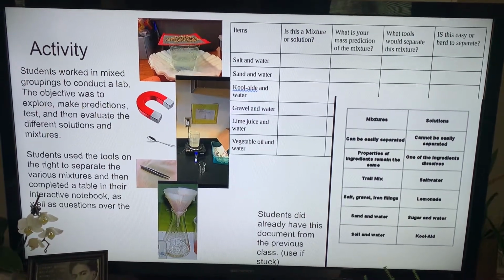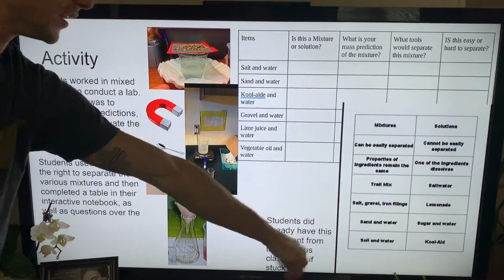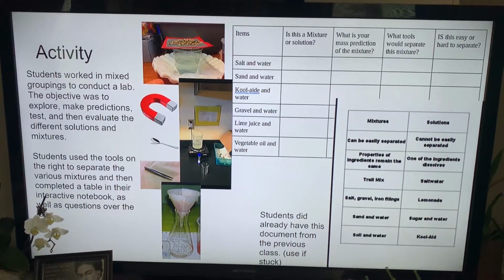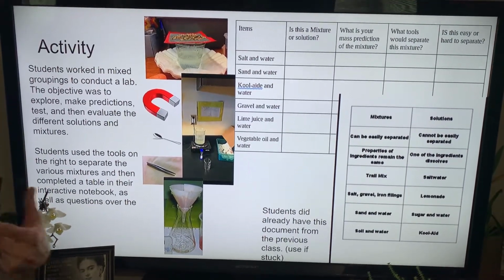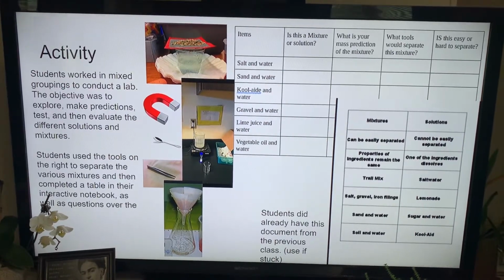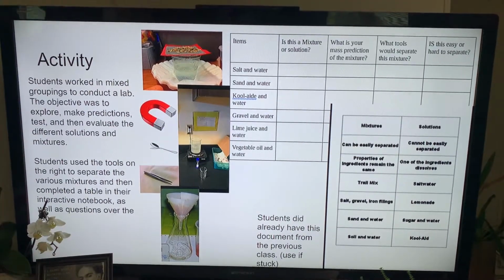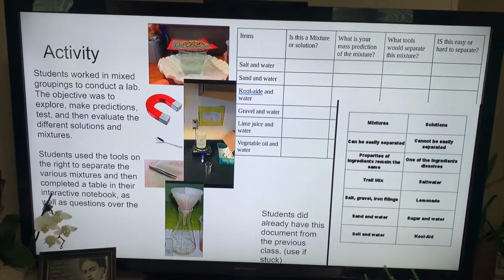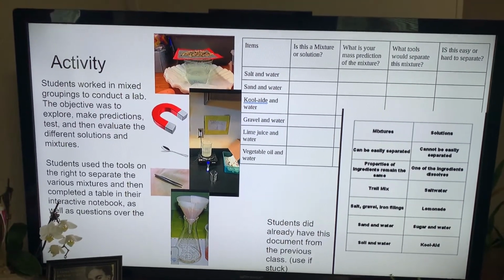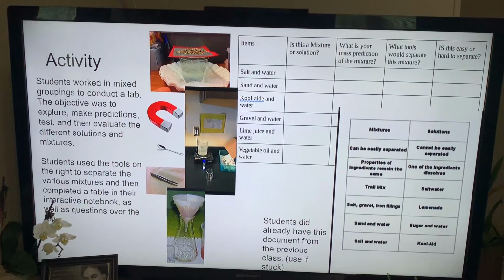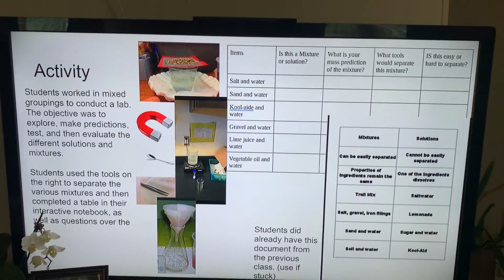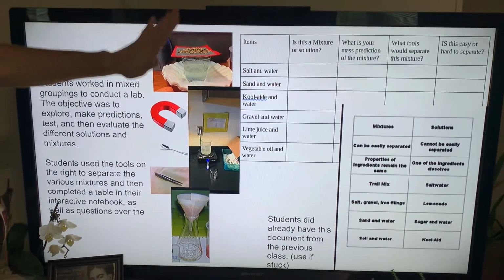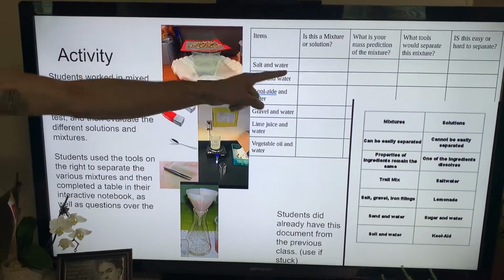This lab was front loaded, so the day before we did the explain portion of the 5E, where students watched videos, listened to different stories, and then we mapped out different mixtures and solutions. Students used the tools on the right to separate the various mixtures and then completed a table in their interactive notebooks on this lab.